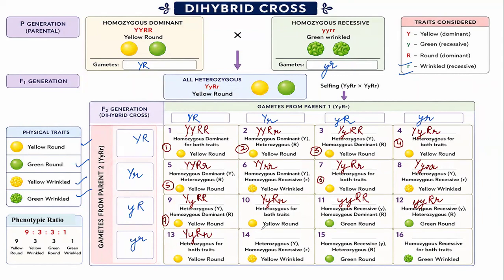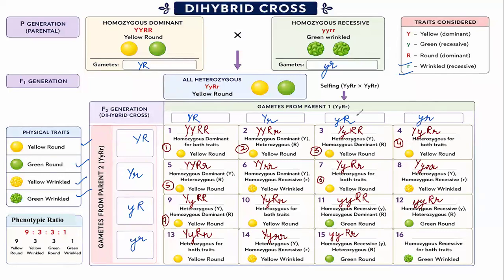Then comes heterozygous. Again, heterozygous Y. So what do you observe here? Capital Y, small y, small r, small r. Then homozygous recessive, which means both y will be small and capital R, small r.